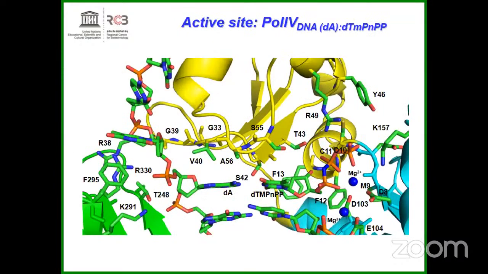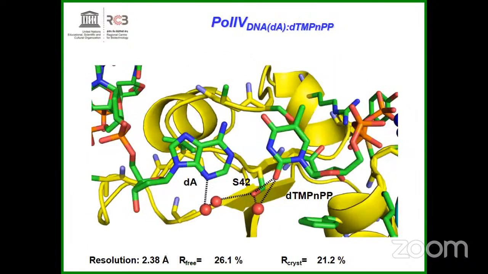And we wanted to figure out what is the molecular mechanism used by Pol4 to promote mutations. The structure showed that there is this serine 42 residue which is involved in forming interactions with the incoming nucleotide, the template nucleotide, or both. So it helps hold the base pair in the active site.